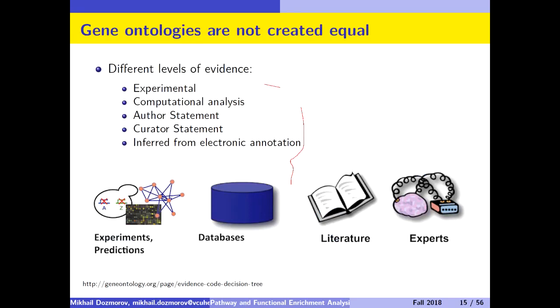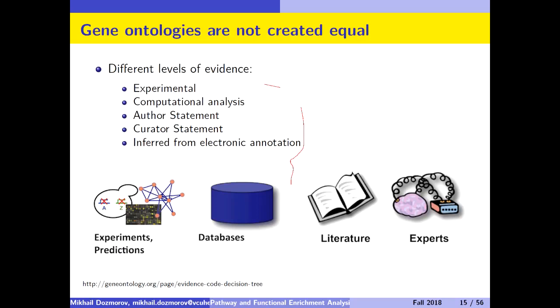The function of a gene may be inferred from electronic annotation, or from curator statement, or from author statement. The best information about the function we can get from experiment, but that's not always the case. Most of the functional annotations we can get from computational analysis.